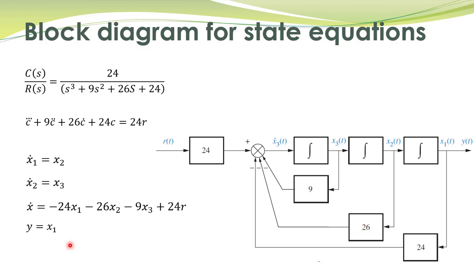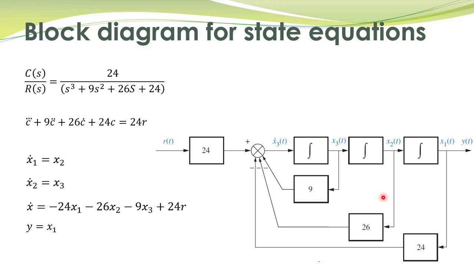Sometimes it is convenient to represent these state equations in terms of block diagrams. That can also be very easily done. This is the state space representation of this transfer function, as we did on a previous slide. So we can represent these state equations in terms of this block diagram.